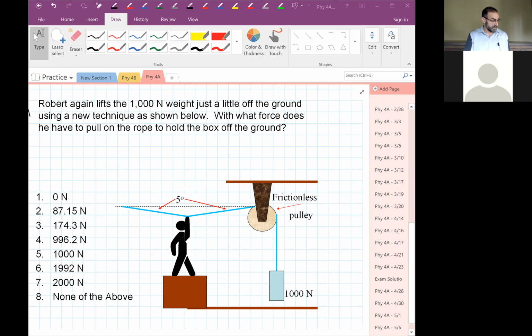You might have to do a little thinking here, a little calculation. The person is pulling straight down on the rope.